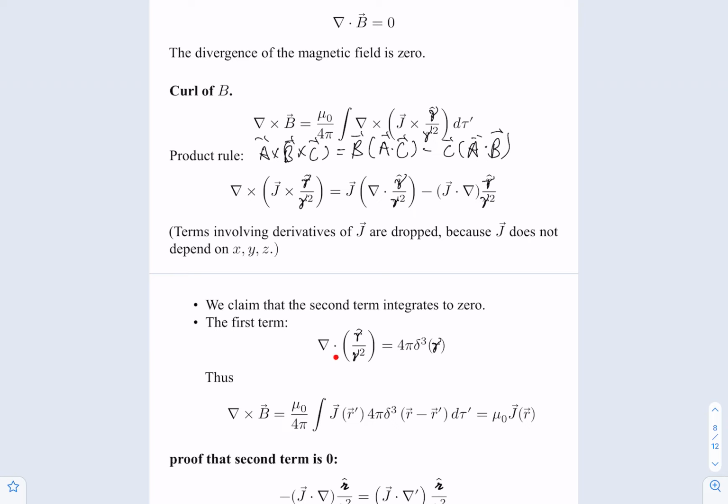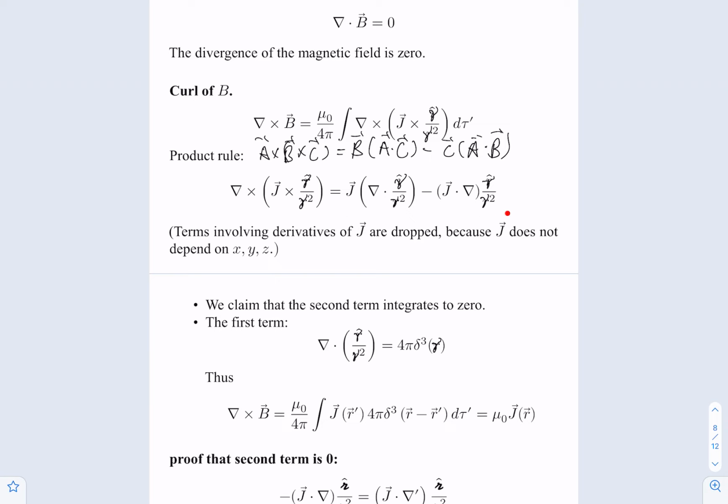The del dot of 1 over r curly r hat over r square is the divergence of the electric field, and that gives 4 pi times del cubed.